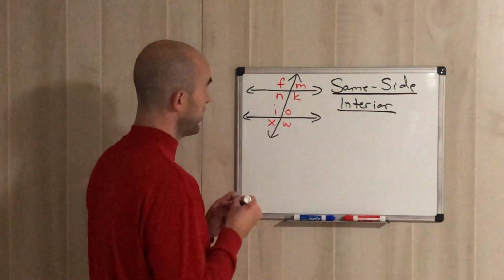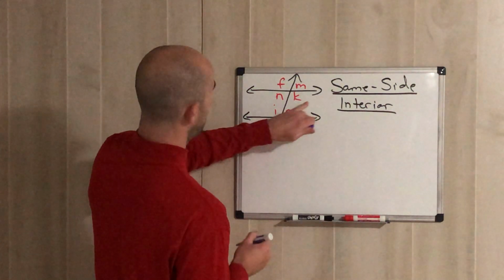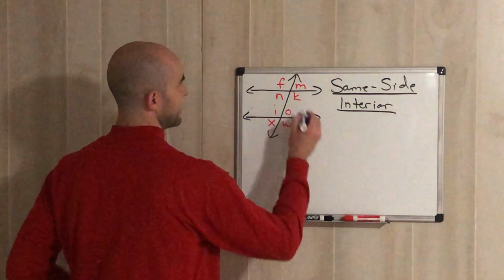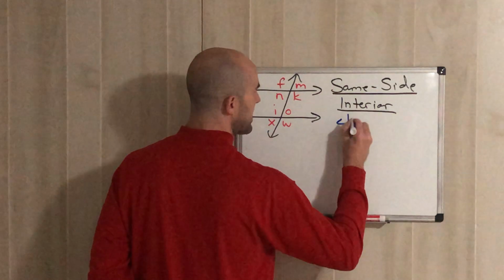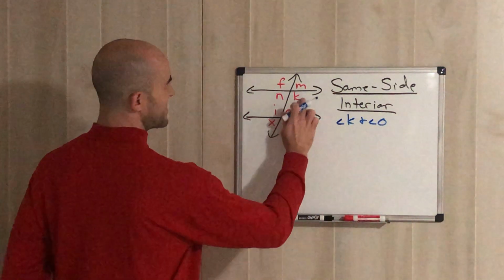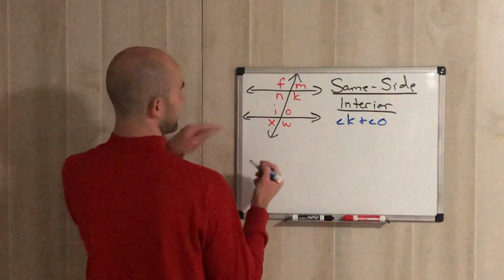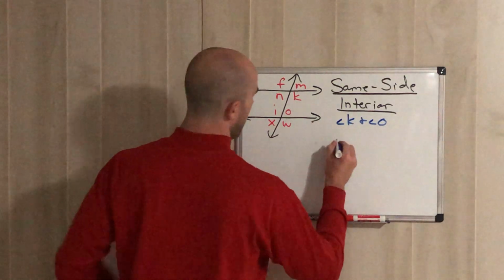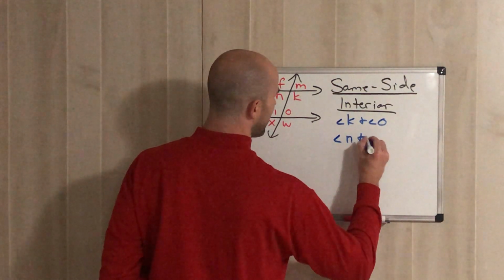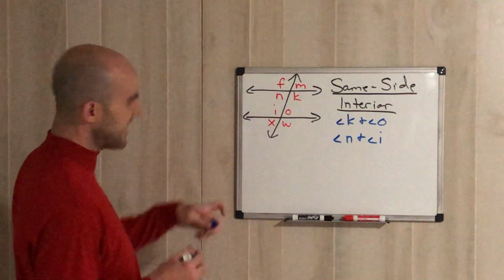So for same side interior, it's K and O, because they're both inside and on the same exact side. The other pair is N and I, same side, inside.